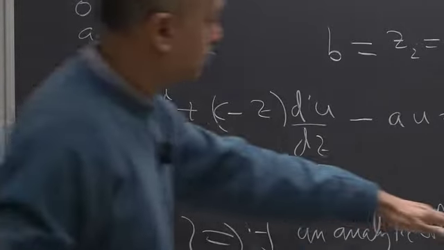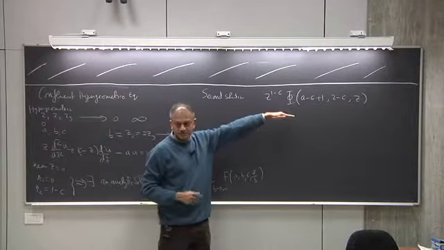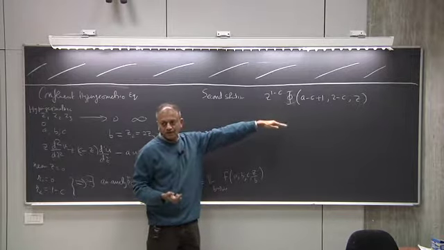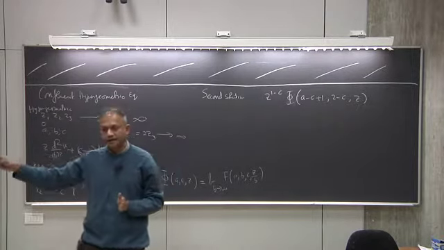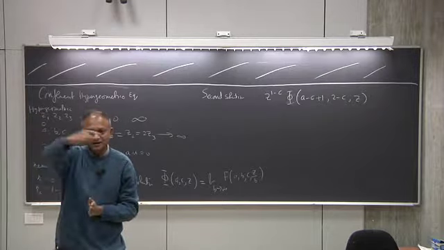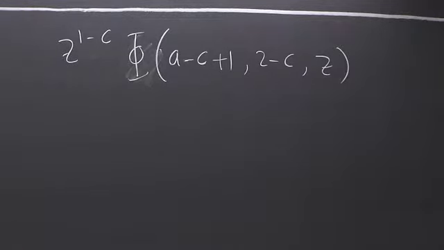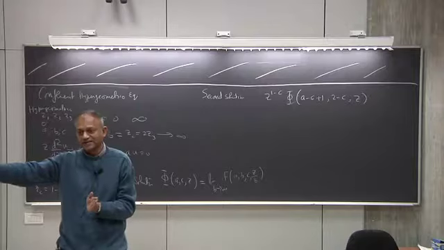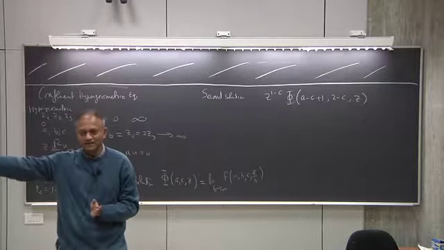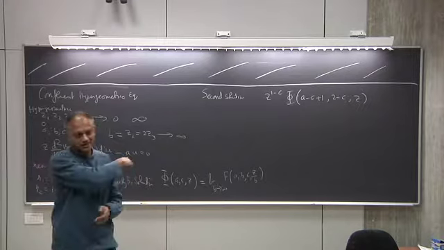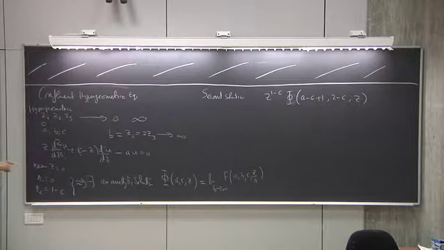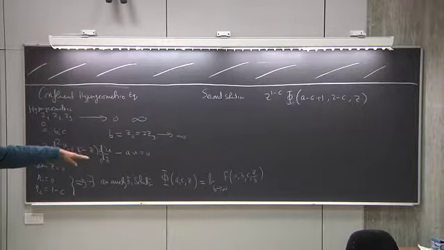So for both of these solutions, you can write down the series expansion near z equal to 0, and that series will be convergent in the entire plane. Because the radius of convergence is the distance to the nearest singularity, but the nearest singularity is infinity. So this series is convergent in the entire complex plane.